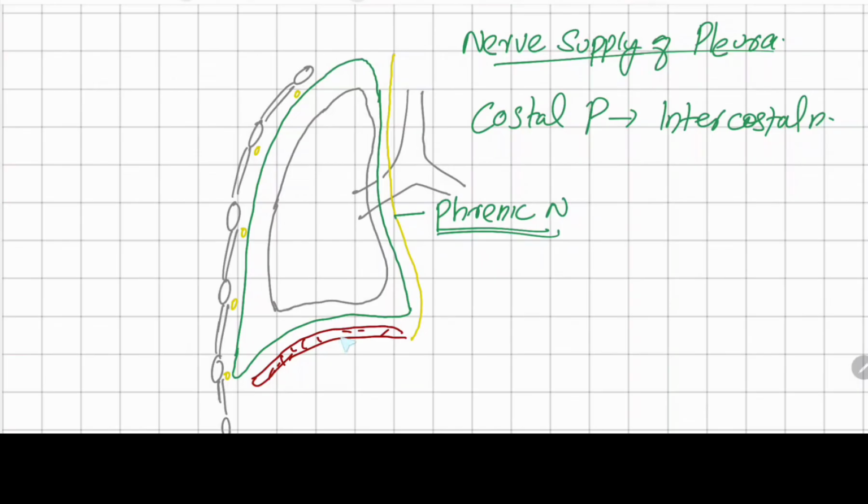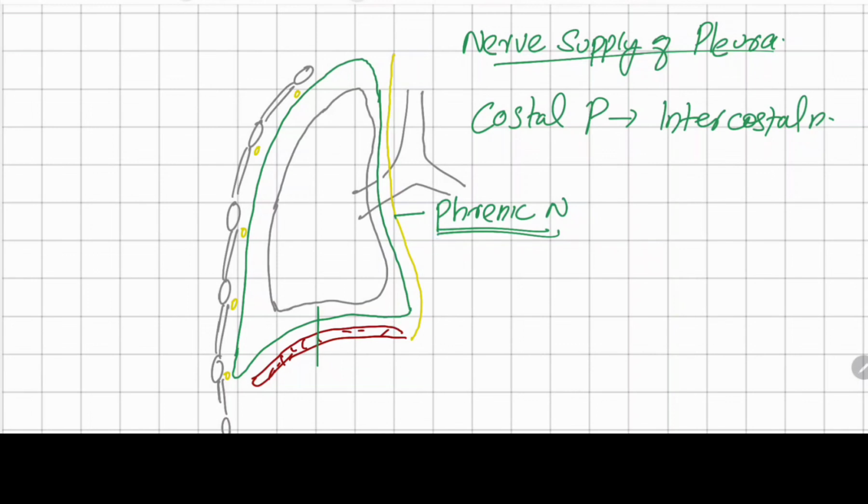What about the diaphragmatic pleura? We can divide the diaphragmatic pleura into two: a lateral part and a medial part. The lateral part is supplied by the intercostal nerves, whereas the medial part is supplied by the phrenic nerve.